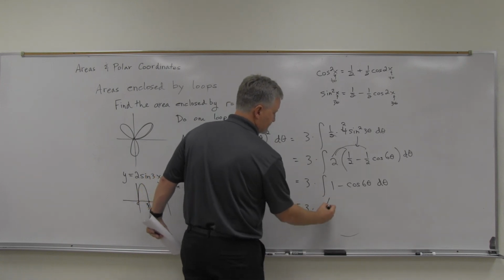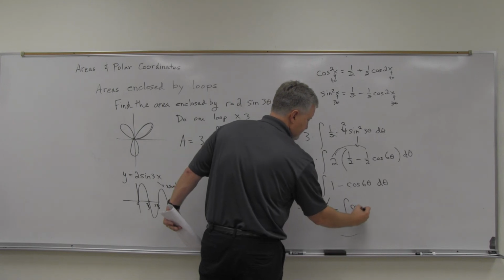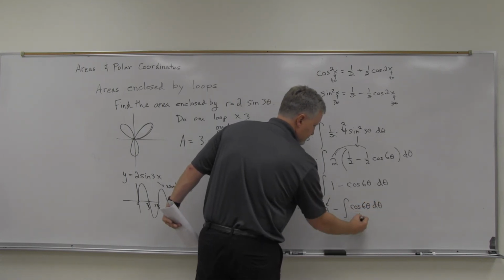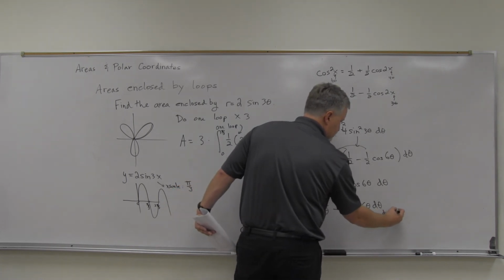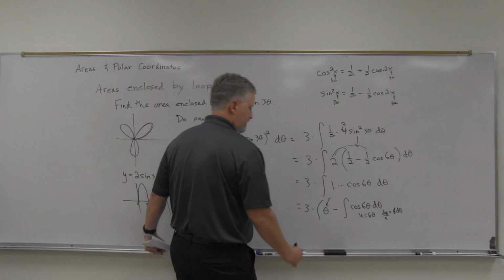That's an easy antiderivative, that's just theta. The minus cosine 6 theta d theta is just a little u substitution: u equals 6 theta, du equals 6 d theta, so du over 6 is my d theta.